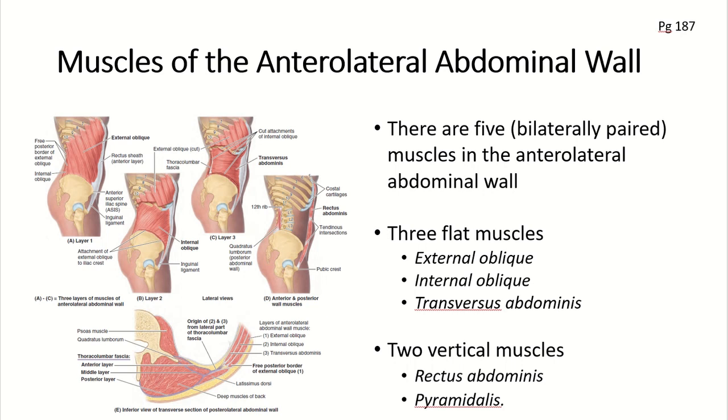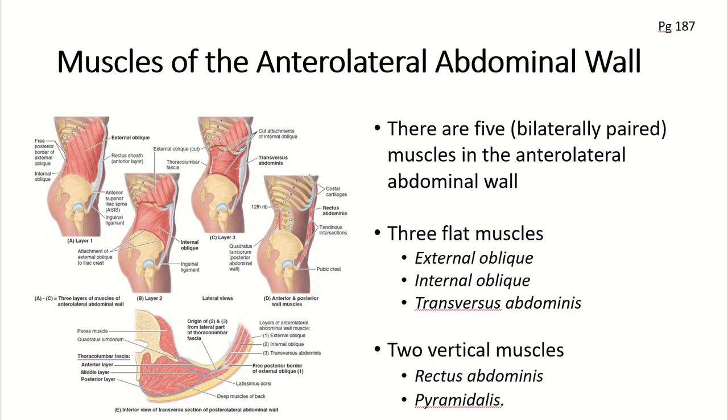In addition to that, we have 2 vertical muscles, our rectus abdominis, as well as the pyramidalis, okay? If you look at this picture here, I know there's a lot going on in it, but it's really important that you be able to find all of these muscles as you go through it, okay?